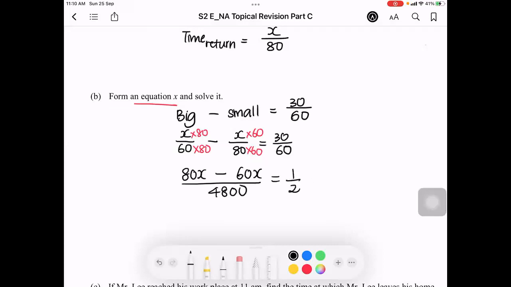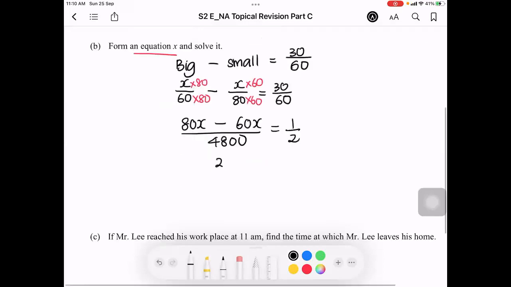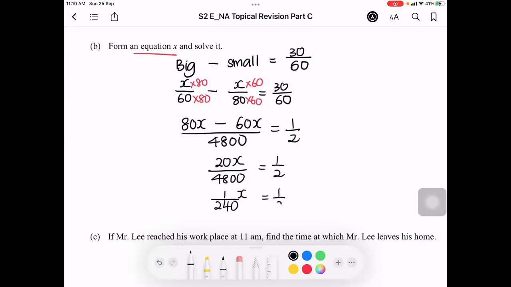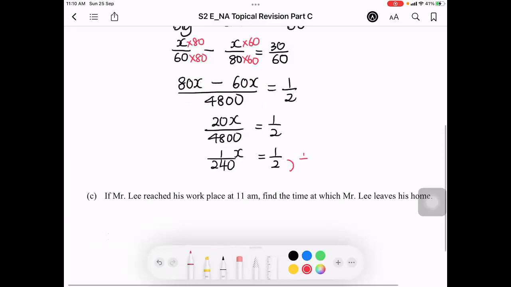Then 80 minus 60, I'm left with 20x over 4800. Simplify this fraction, I get 1 over 240x. So if I want to find the answer for x, I divide by 1 over 240, or rather I cross multiply also can. Yeah, can cross multiply.